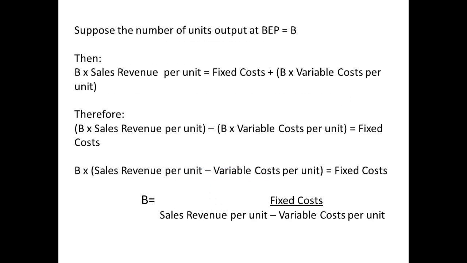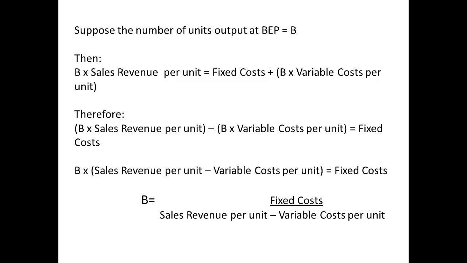If the number of units of output at break-even point is B, then B multiplied by sales revenue per unit equals fixed costs plus B multiplied by the variable costs per unit. Therefore, B multiplied by sales revenue per unit less B multiplied by variable costs per unit will equal fixed costs.